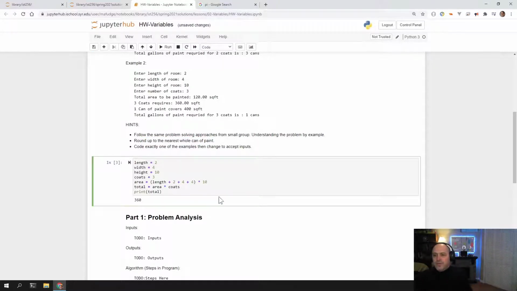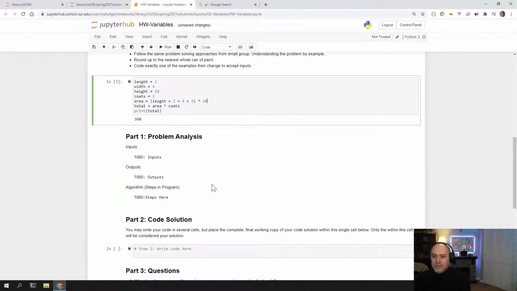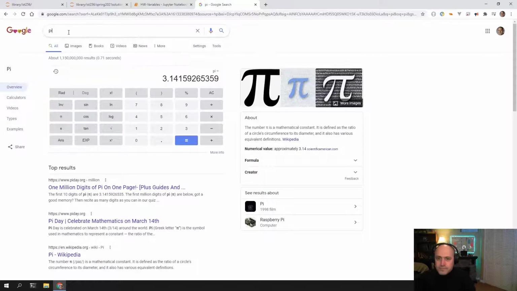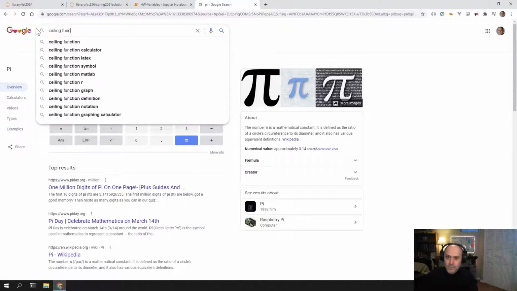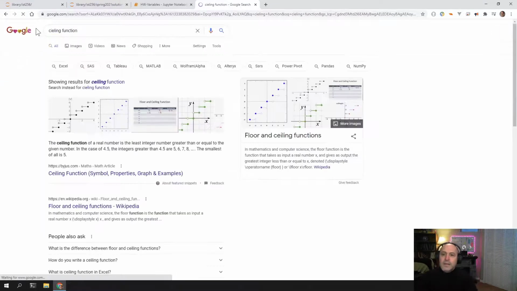So the way that you can round up to the nearest whole can of paint is by using a function called a ceiling function. A ceiling function is a real number, the greatest integer greater than or equal to a given number.